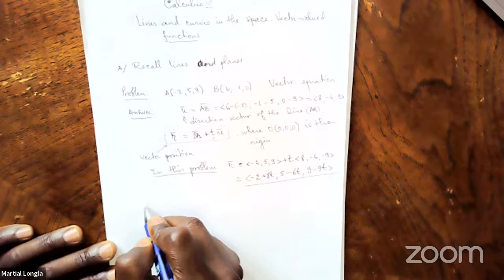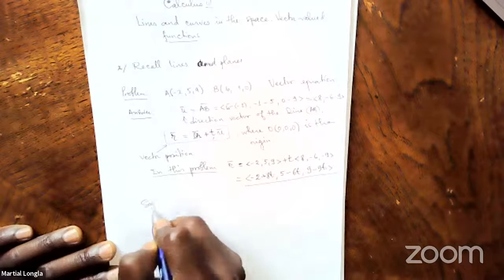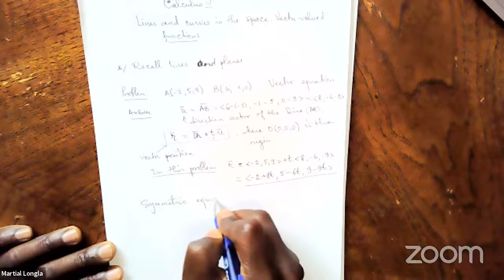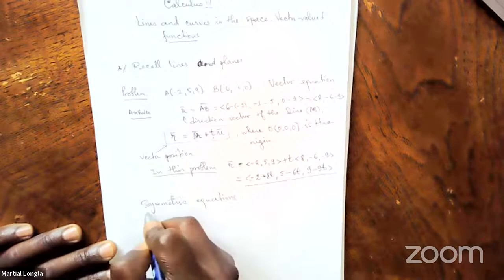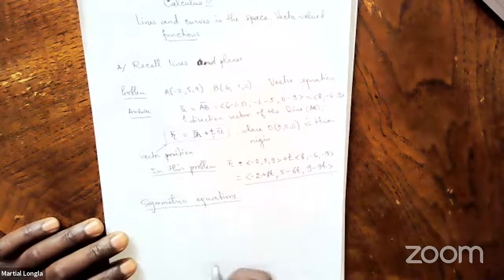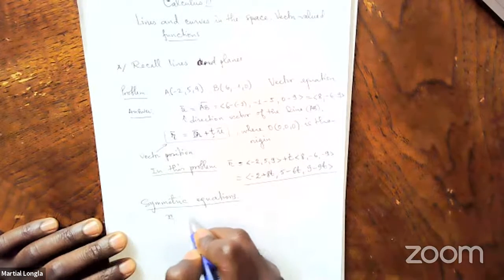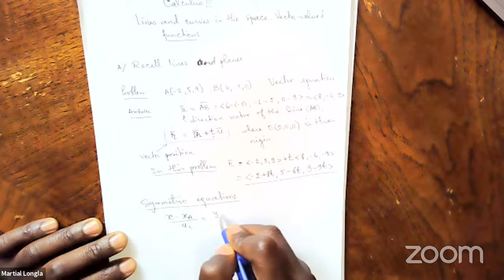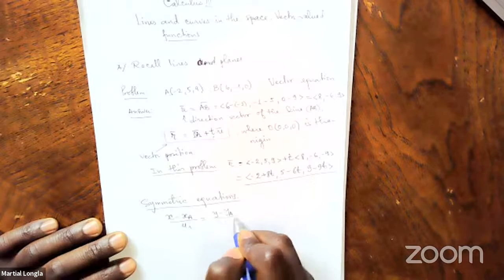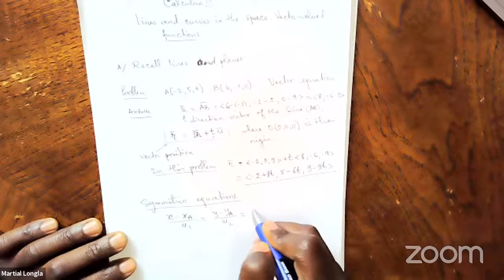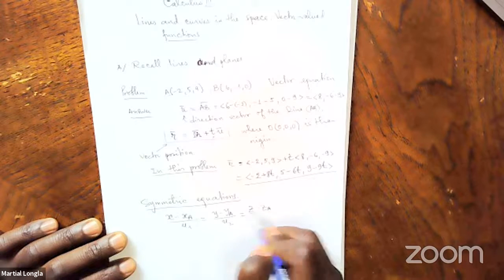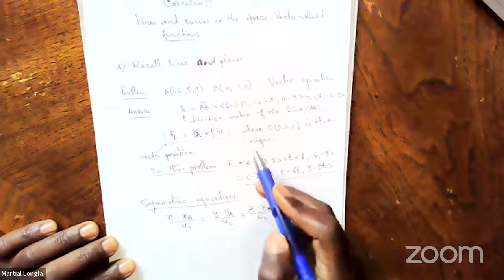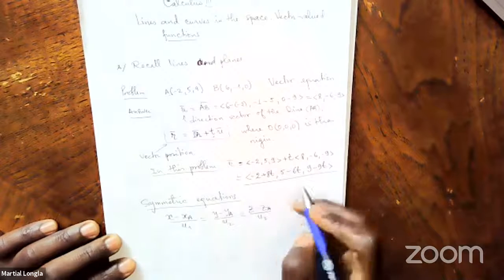So there is another form of this, which is called the symmetric equations. The symmetric equations are given as x minus xa over u1 equals y minus ya over u2 equals z minus za over u3, where u1, u2, and u3 are the coordinates of the vector u, the direction vector.